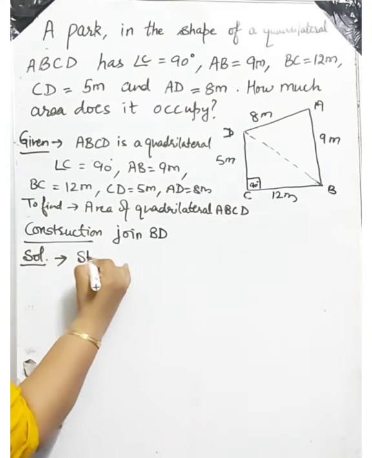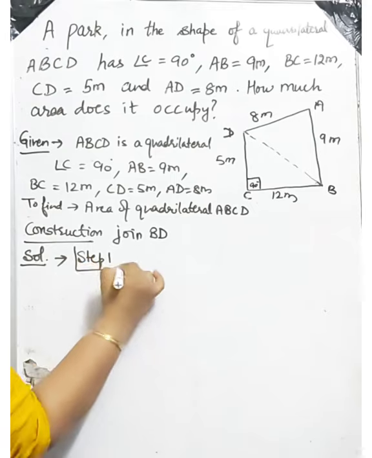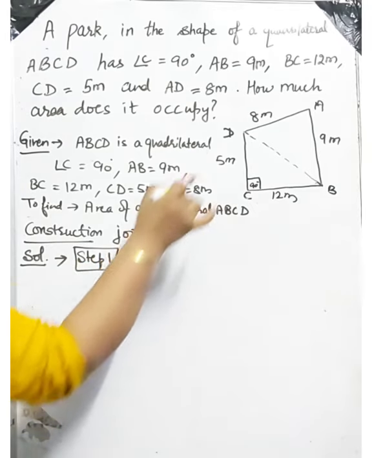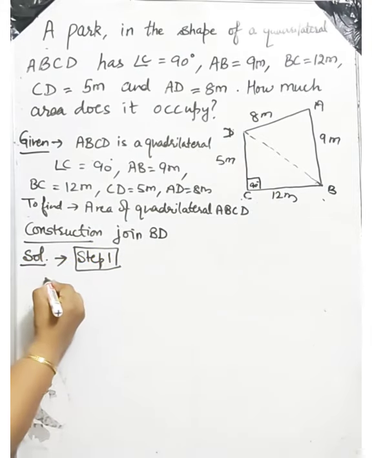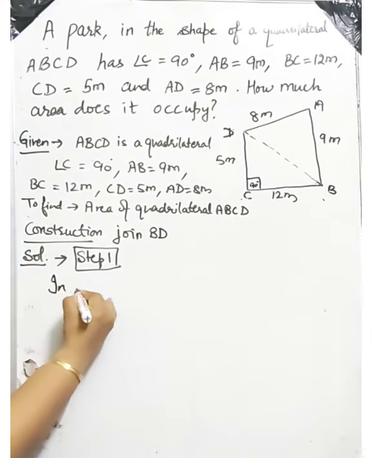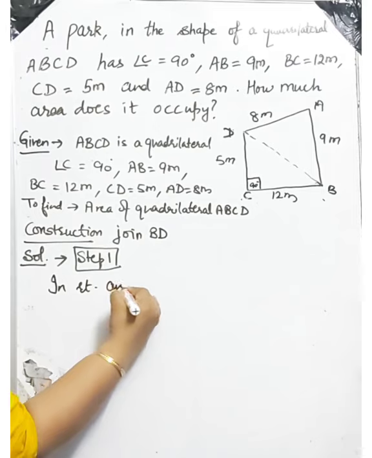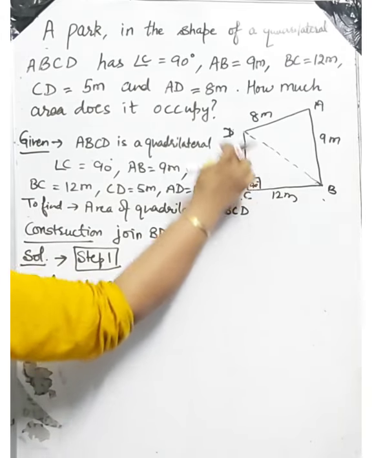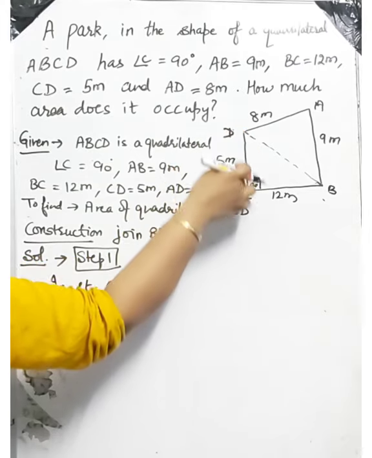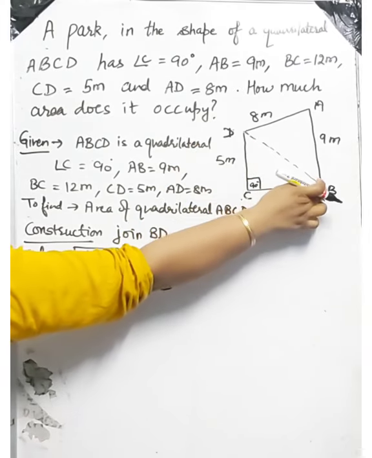Step 1. Triangle DCB is a right angle triangle. In right angle triangle BCD, or you can write DCB, or you can write DBC.